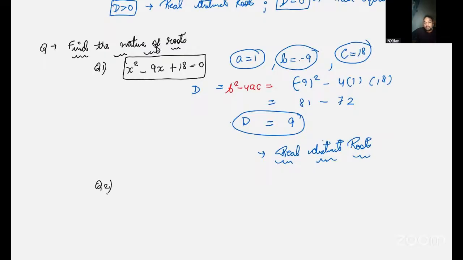Now you guys will do it and send it to me. Solve this and tell me which type of root it is. Abraham, you got it? How to solve this? Quickly solve this and send the answer to me.